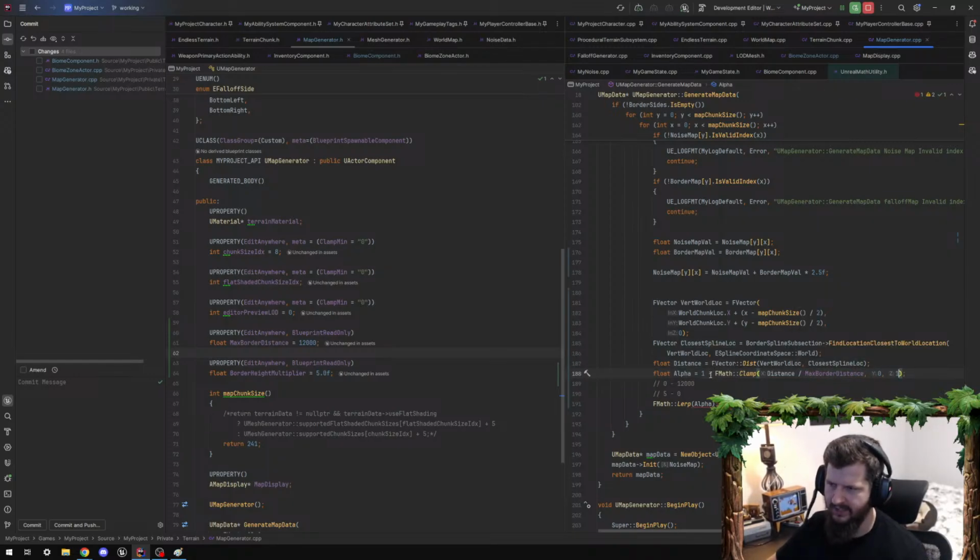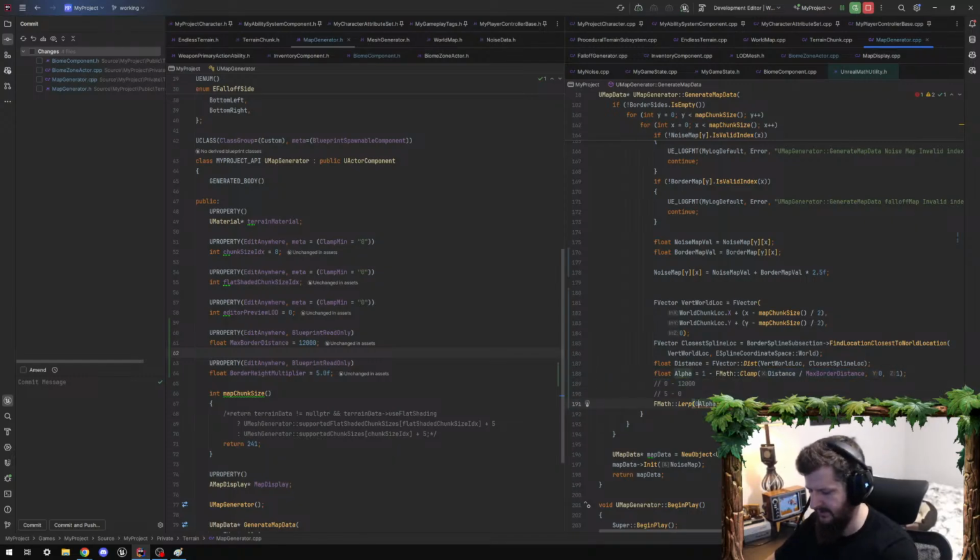So what that'll do is, if distance is greater than the max border distance, like let's say it's 24,000, it's like a chunk away, then this will come out to be like 2, right? We'll clamp it down to 1. 1 minus 1 is 0. Is that what I want? Yeah, that is what I want, because I want it to be 0.